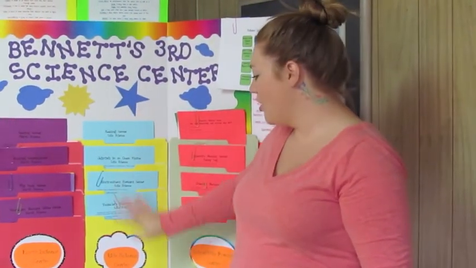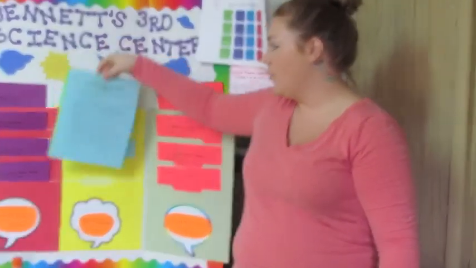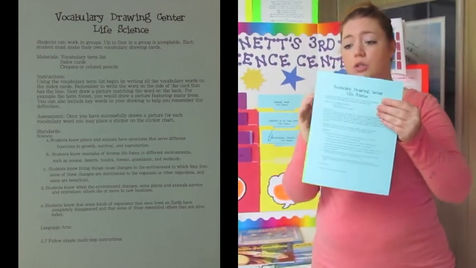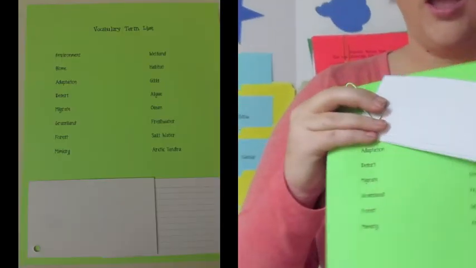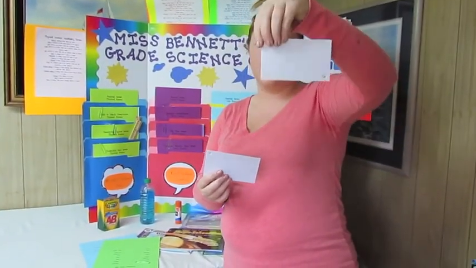Okay, so now we're on to the Life Science Center, and for this one we have a Vocabulary Drawing Center. What the students are doing with this one is they have all of their vocabulary terms on a piece of paper, and then they have note cards. One side of the note card is blank and the other side has lines.